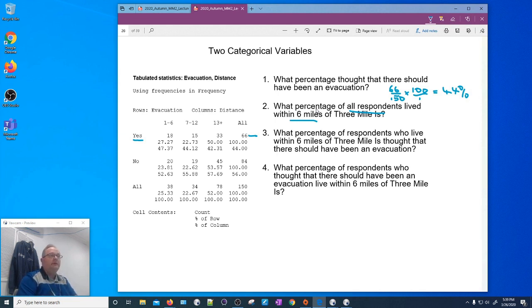So all respondents within 6 miles, there it is. We're going to have to do that percentage. Again, it'll be 38 over 150 times 100 over 1, and so our percentage will be 25.3.